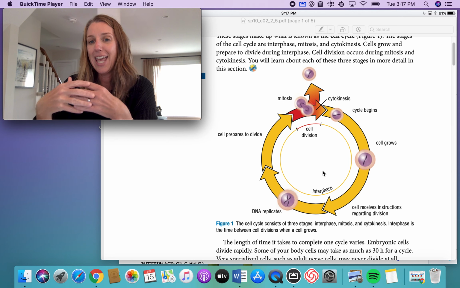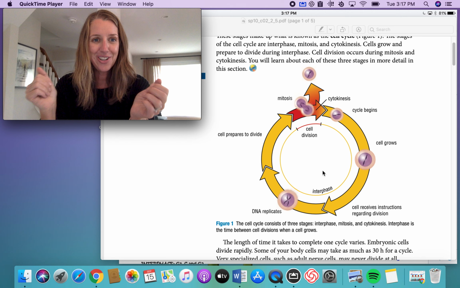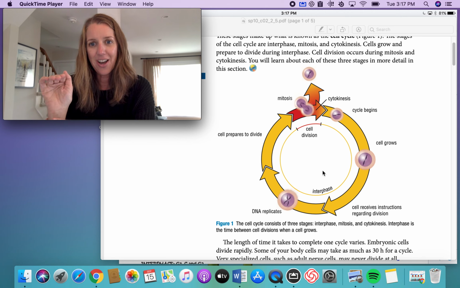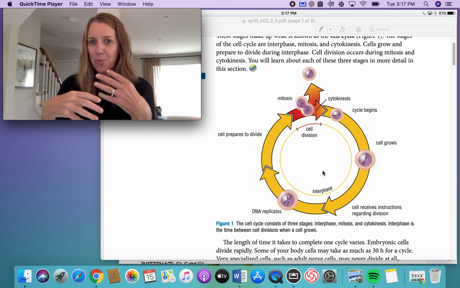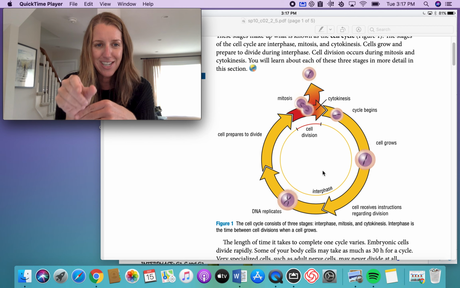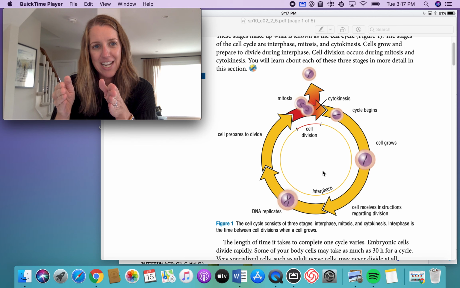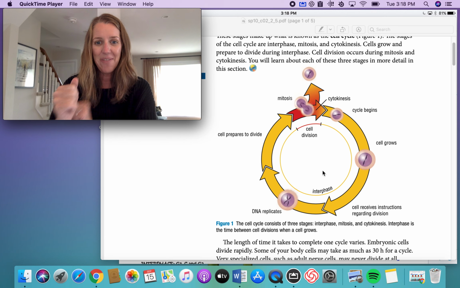It's providing energy for the cell. It's making proteins like crazy. And we've already gone over that process, haven't we? So most of the time, it's not concerned with doing anything to get ready to divide until that little tiny section where cell division takes place.